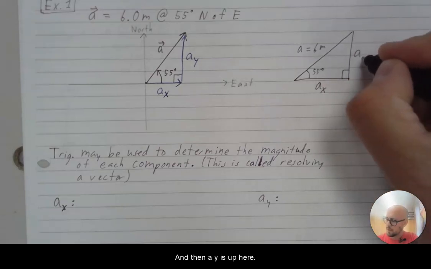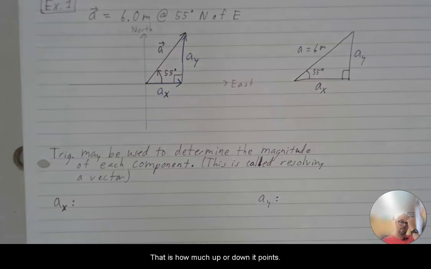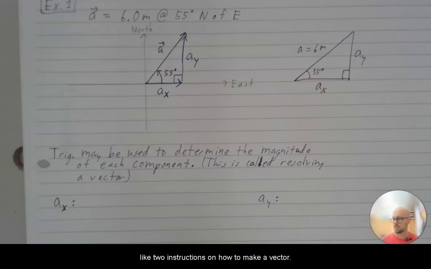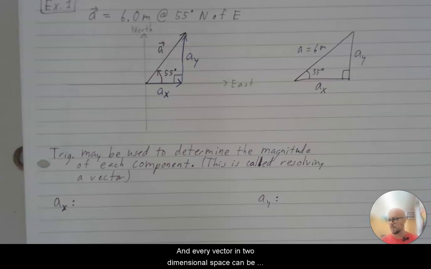And then AY is up here. That is how much up or down it points. Again, just think of components as 2 instructions on how to make a vector. One is left and right, the other is up and down. Every vector in 2-dimensional space can be written like this.